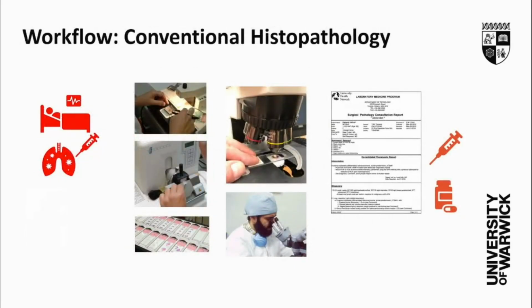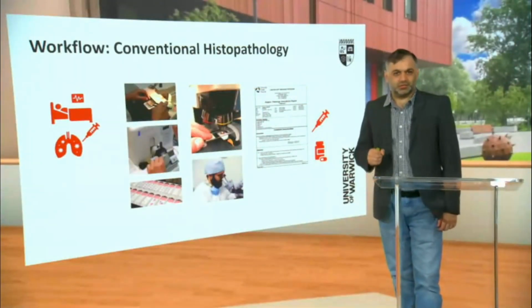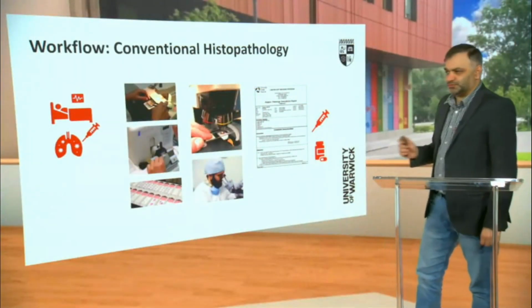So in a conventional histopathology lab, following the resection of the tissue and after slide preparation, a pathologist would analyze these slides under the microscope, generate a pathology report, which is sent to the clinician or an oncologist, who will then suggest the treatment for that patient.